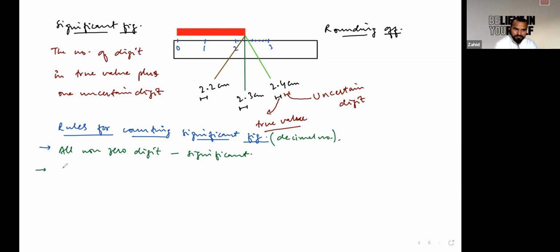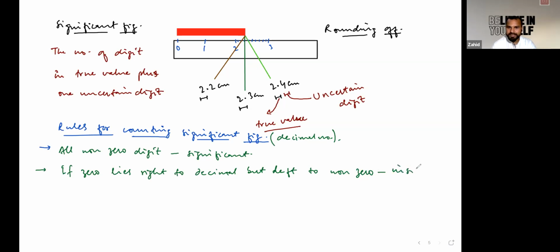Second, if 0 lies right to the decimal but left to a non-zero digit, then 0 is insignificant in this case.